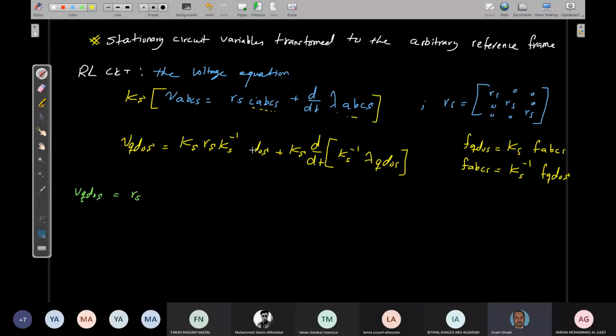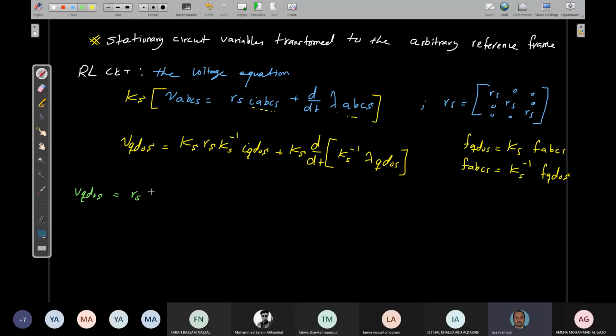So this will be the IQD. So now this will be the identity matrix, so RS will be out, which means that the resistance in the ABC or in the QD are the same in the balanced system.